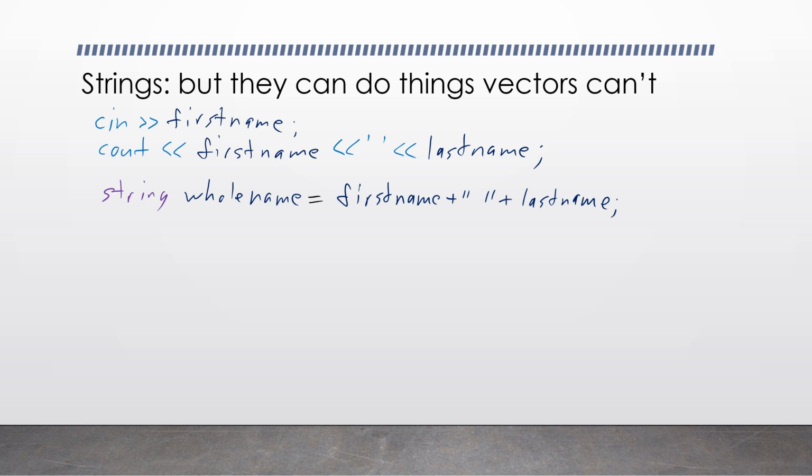You can also have string name equals Jose, and then I can type name plus equals Cuervo. Okay, so I've got a lot of operators that I can use with strings that I couldn't use with vectors.